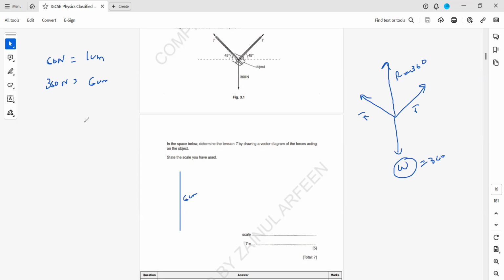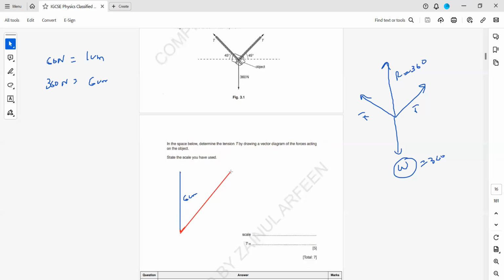If we use the parallelogram method, we draw both vectors from the same point. Both vectors are T, so they should have the same length. We'll draw two lines at an angle of 45, starting from the bottom.